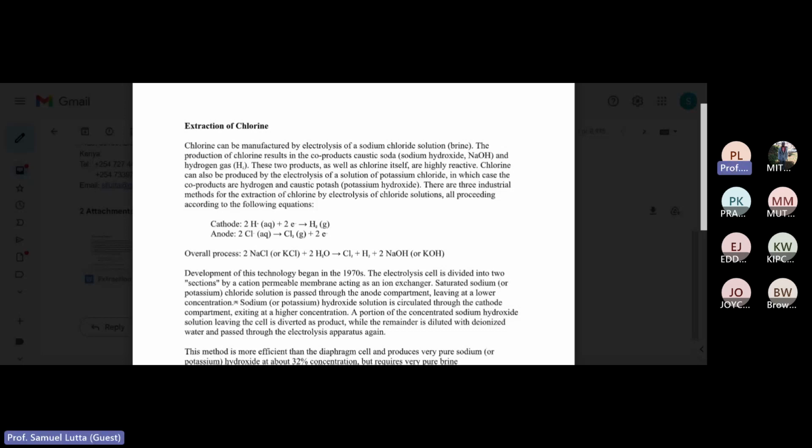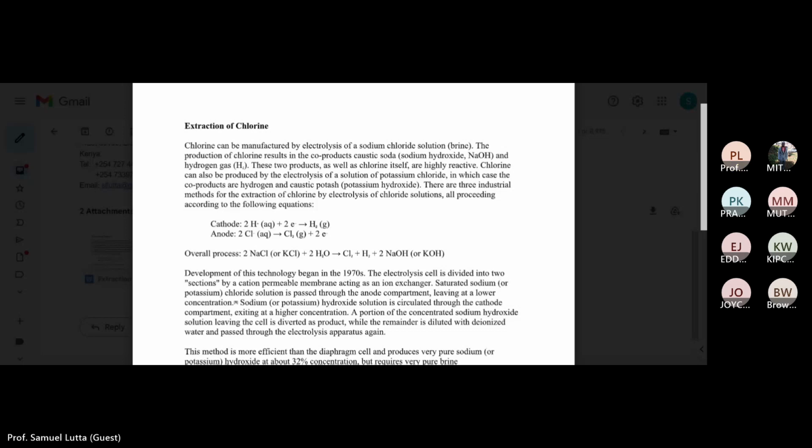So when you have a solution containing concentrated sodium chloride solution, this solution will contain water, and water has what we call hydrogen ions plus hydroxide ions. So the negative ion is hydroxide, the positive ion is hydrogen. From sodium chloride, which is the brine, the positive ion is sodium, and the negative ion is chloride.